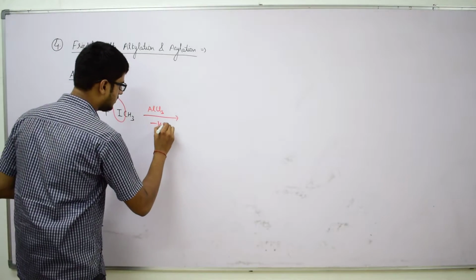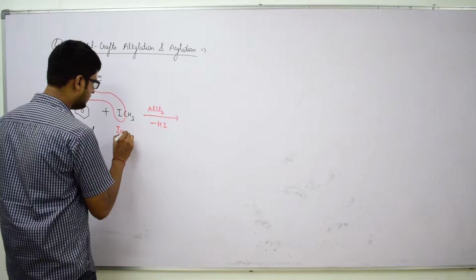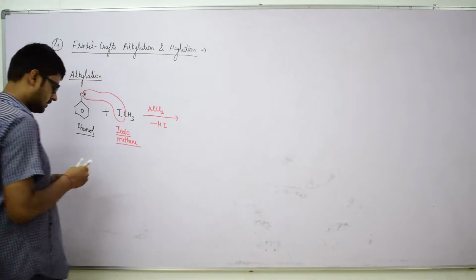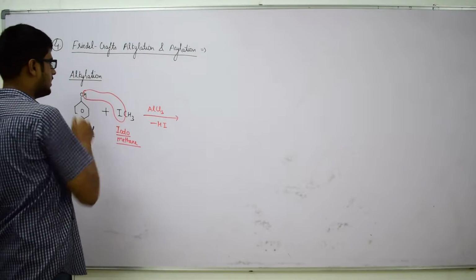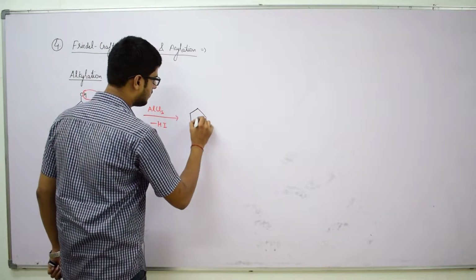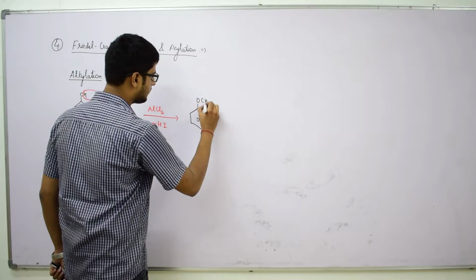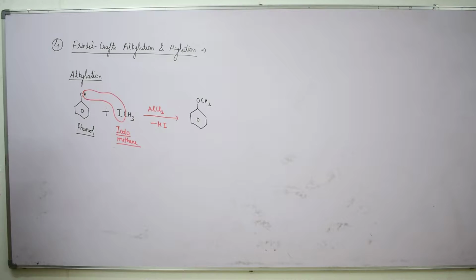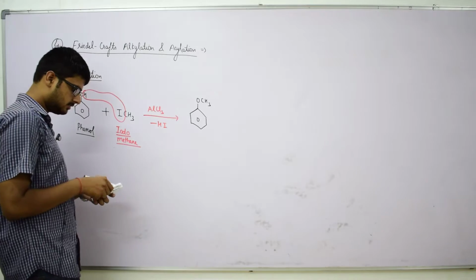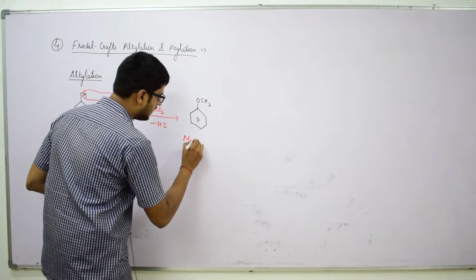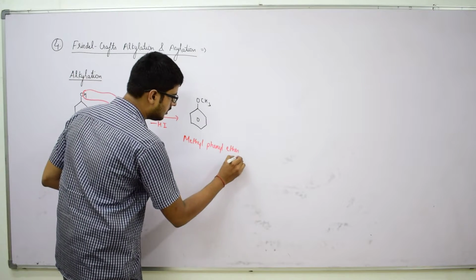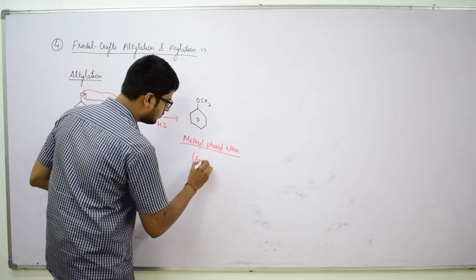The CH3 group would be attached over here, leading to the formation of OCH3, and this is an ether called methyl phenyl ether, or it is commonly called anisole.